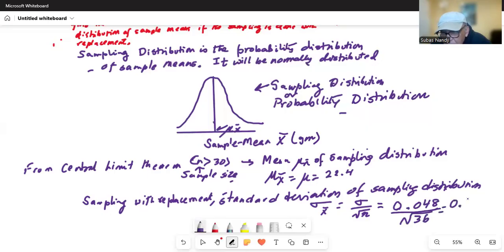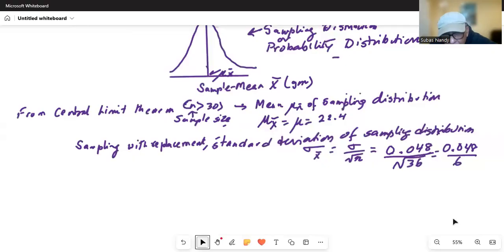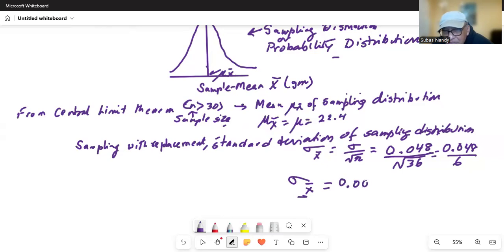So 0.048 divided by 6. Sigma x bar is equal to 0.008. So this is the sampling distribution of the sample means when we do sampling with replacement.